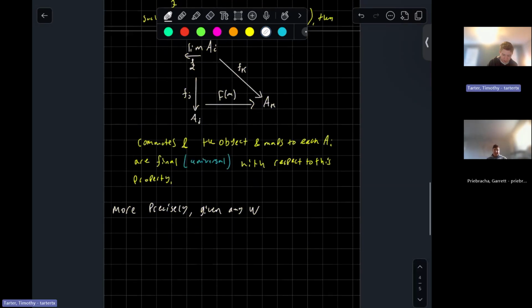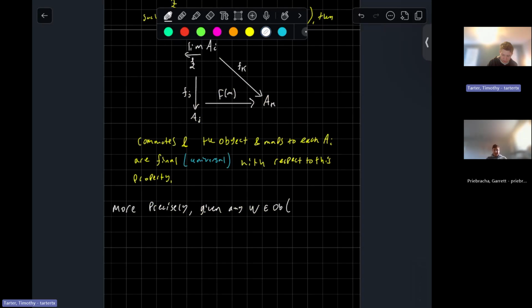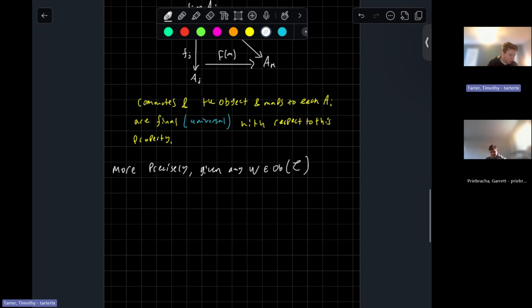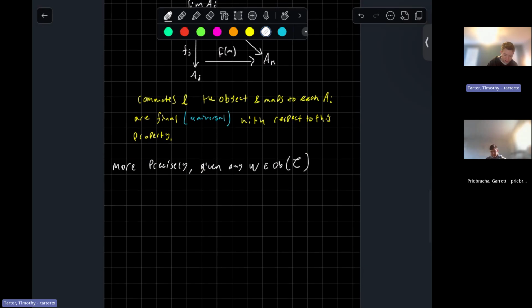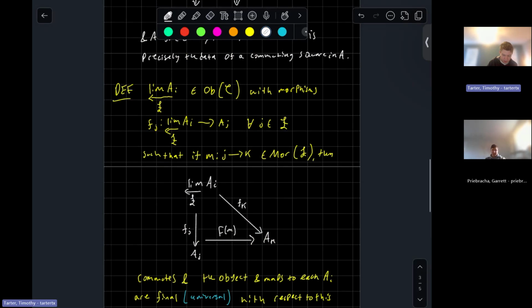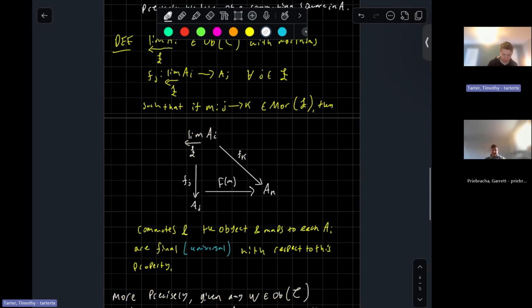A_i are in Ob C. Given W in Ob C with maps G_i from W to A_i, commuting with the functor of M, where M is from J to K in F.